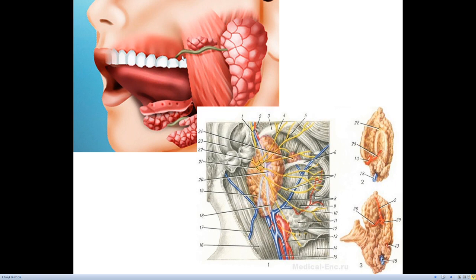In the deep layers of the parotid gland rest the external carotid artery and its terminal branches, also the retromandibular vein, deep and superficial parotid lymphatic nodes, and the facial nerve.